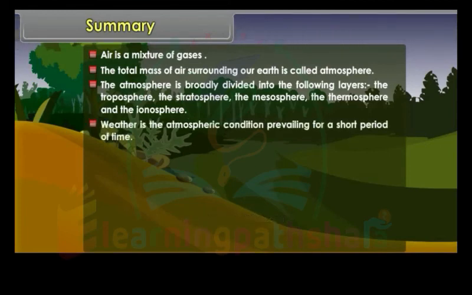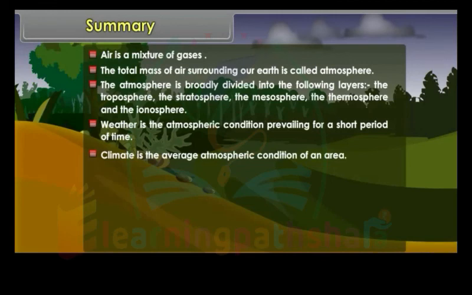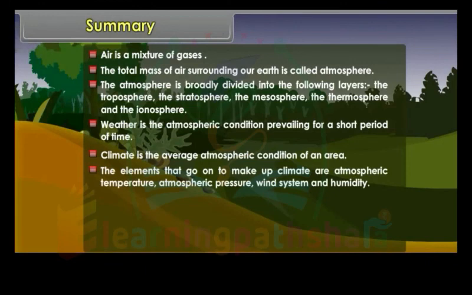Weather is the atmospheric condition prevailing for a short period of time. Climate is the average atmospheric condition of an area. The elements that go on to make up climate are atmospheric temperature, atmospheric pressure, wind system and humidity.